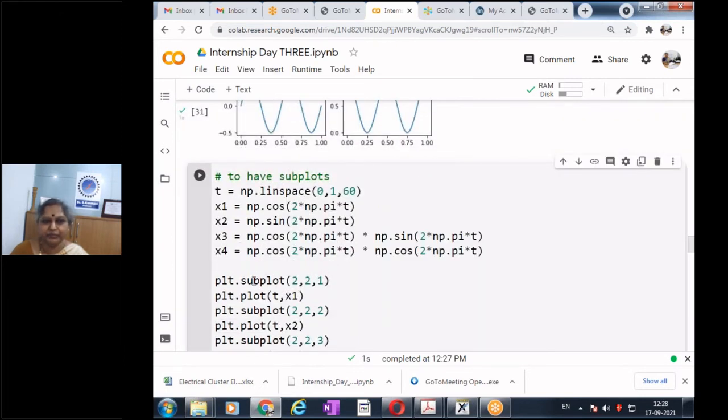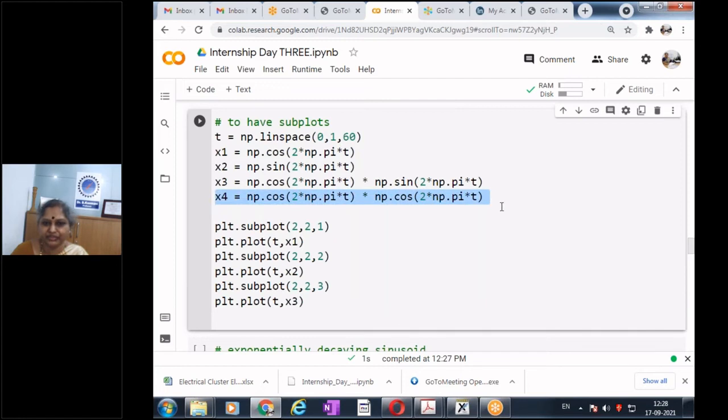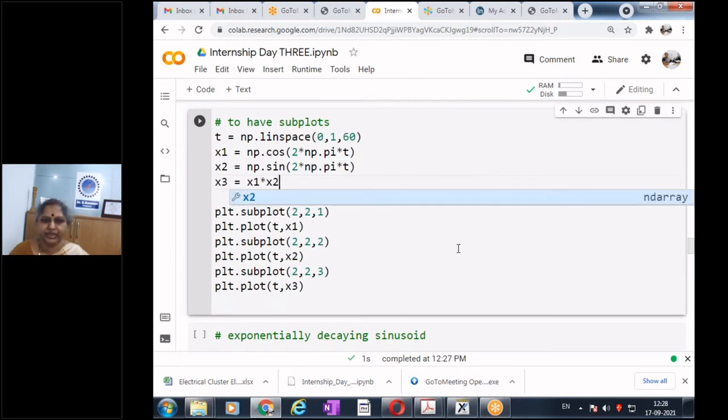I will have only X1, X2, X3, say sine and cos, and X3 is X1 into X2. And now I am having only 3 signals to be plotted: 1, 2, 3.